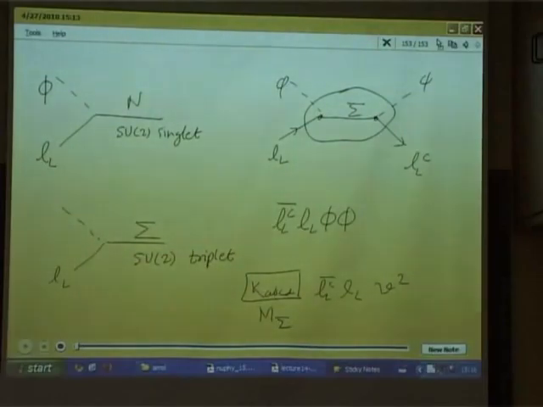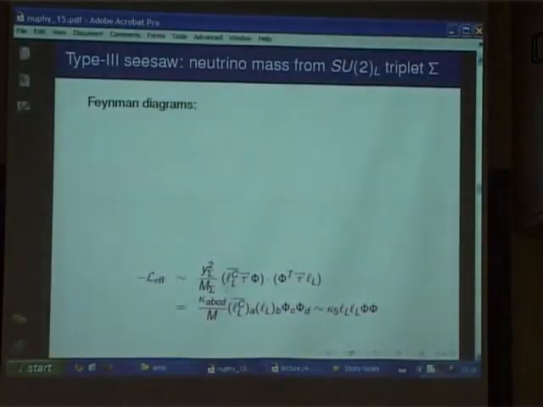So this is possible. So again, what you have done, instead of putting in this new R, you put in this sigma, which was a triplet particle, and what you got is exactly identical thing. So now we get y sigma.